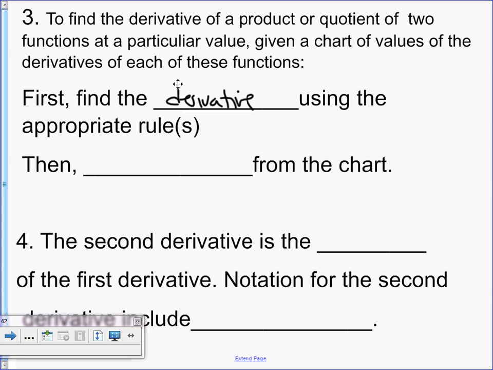Then plug in the given value, using values from the chart. Yeah, that was a little awkward.